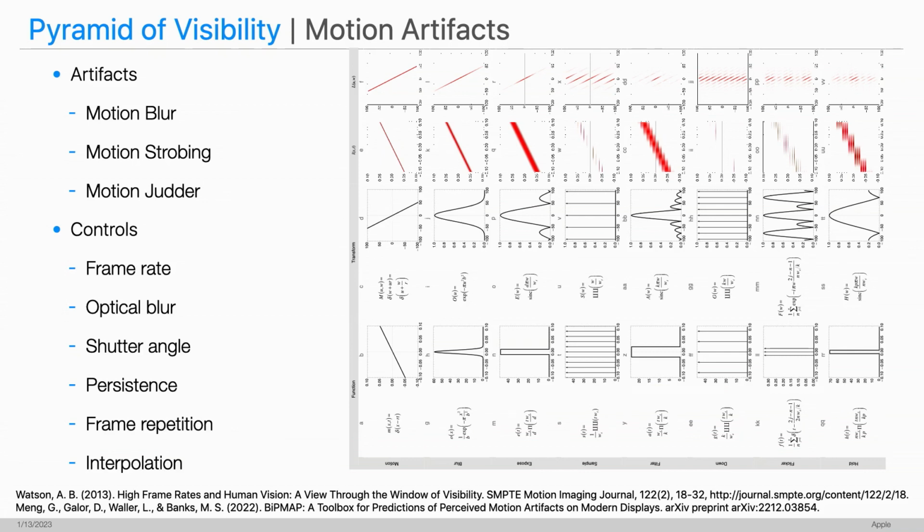And the kind of controls you can think about and what their effect is are things like obviously the frame rate, but also the optical blur at the camera, the shutter angle, which is the amount of time you leave the shutter open when you're capturing the image, persistence, the amount of time you expose each frame at the display end, whether you repeat each frame, as they do in film, 3 times, and whether you do any interpolation amongst the frames.